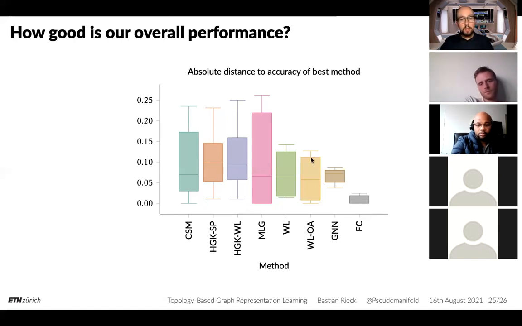Which is astonishing, because when you think about it, these are all kinds of very complicated comparison partners: graph neural networks, a WL procedure with optimal assignment, some specific kernels for specific graph structures. And we just come there and say, oh, well, we calculate a curve based on some kind of descriptor function, and then we take a look at how well it performs overall.